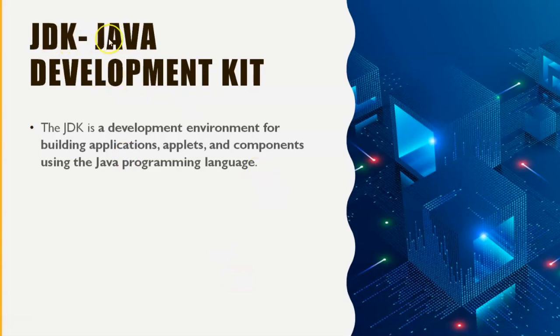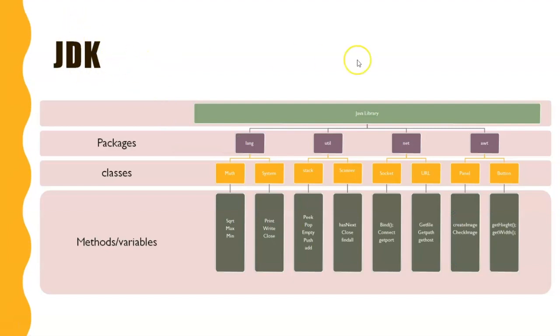Whenever you install the JDK, it gives all the tools that help to build our application. For example, understand this diagram. When you install the JDK, you are getting a Java library, and in the library you are getting some packages like lang, util, net, and awt. What are these packages? Packages are nothing but folders.